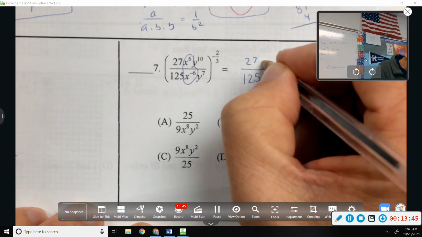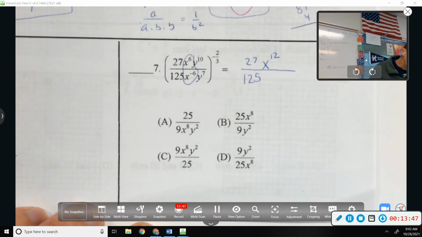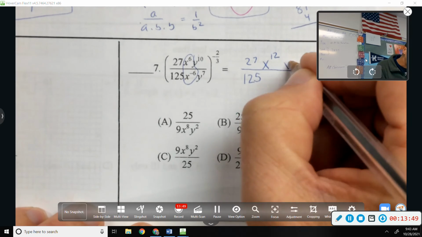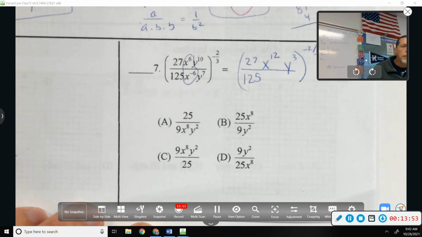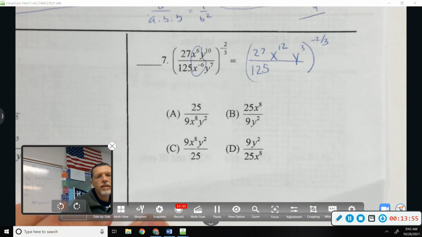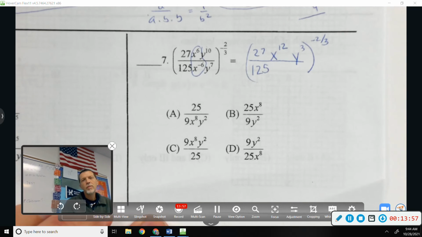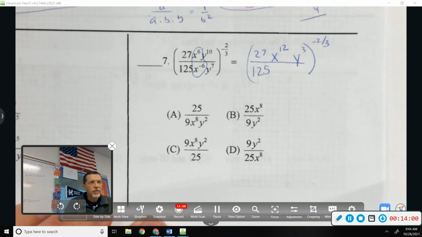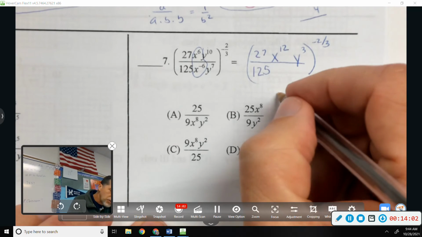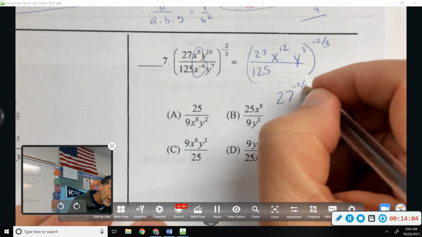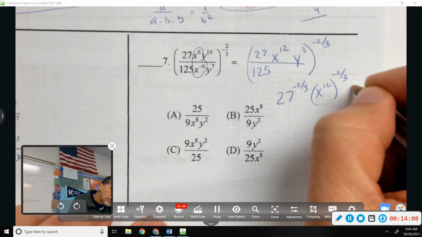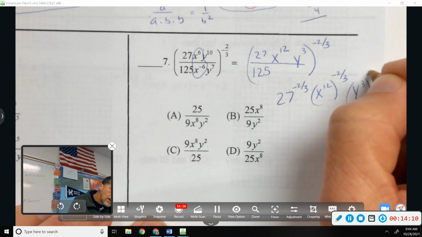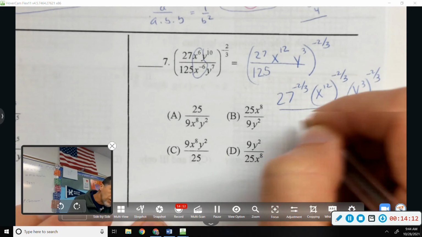But x's would end up with 12 in the top and y cubed in the top. And then negative 2/3. So basically everybody gets the negative 2/3. It just looks annoying to write it out this way. And maybe you're at a point where you wouldn't need to do this for all of them, but just to make sure we know what's going on.